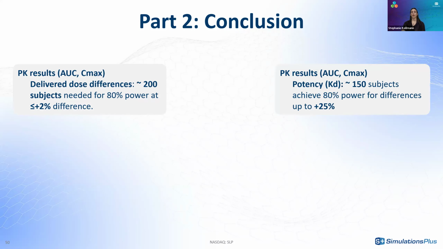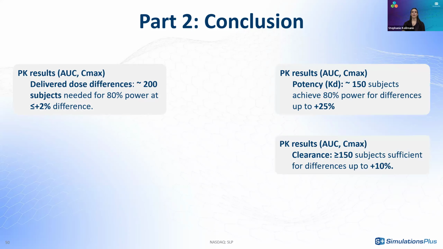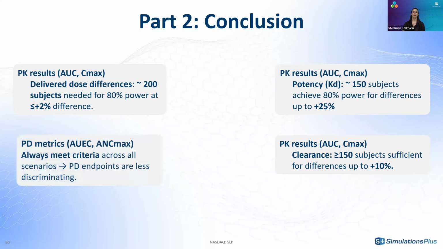For potency differences, around 150 subjects achieved 80% power for deviations up to 25%. And for clearance, roughly 150 subjects were sufficient for differences up to 10%. On the PD side, AUEC and ANC max met criteria across all scenarios, showing that PD is less sensitive to product-related differences.